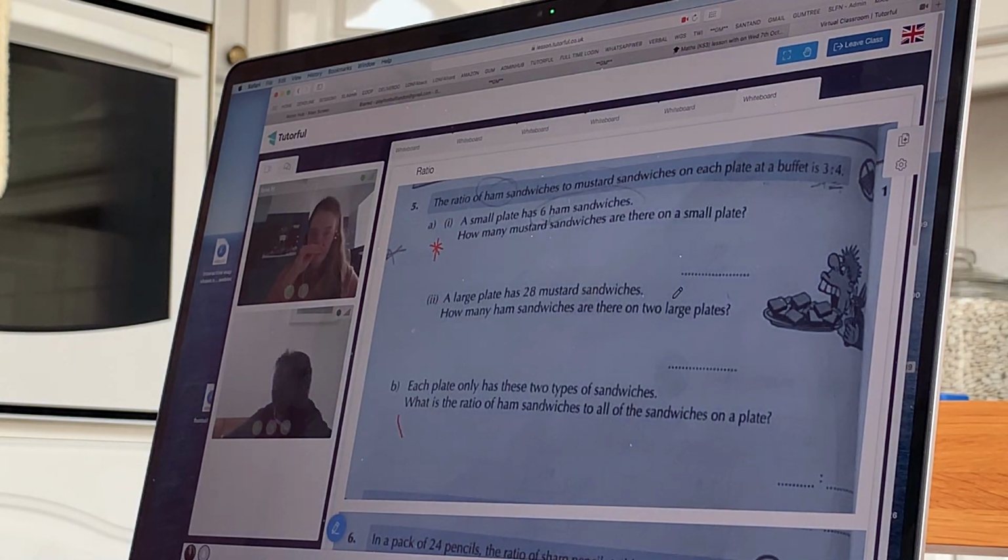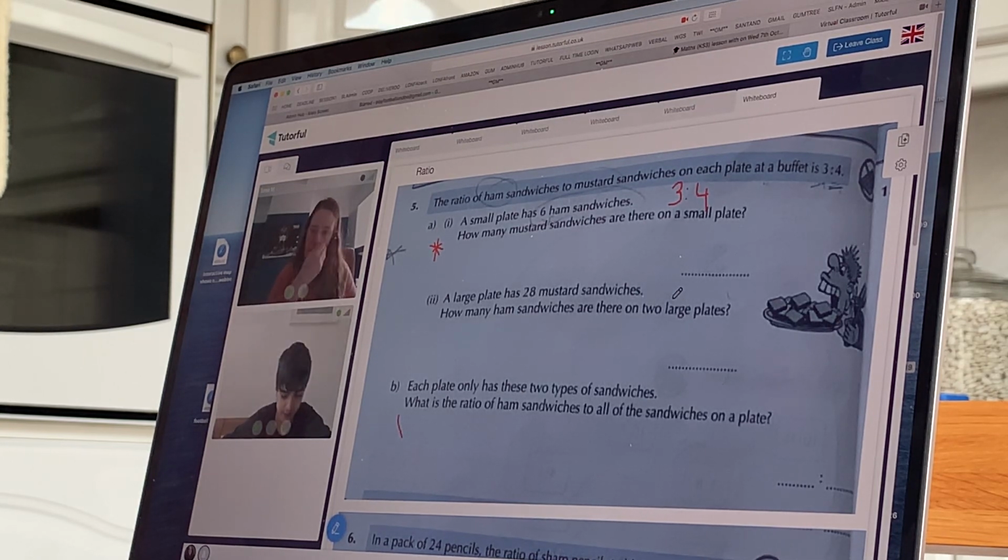Right, so we'll start with 5A. A small plate has 6 ham sandwiches. How many mustard sandwiches are there on a plate? So, if you look here, it says 3 to 4.